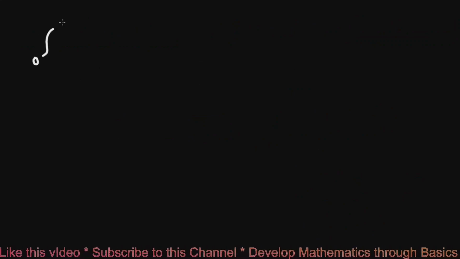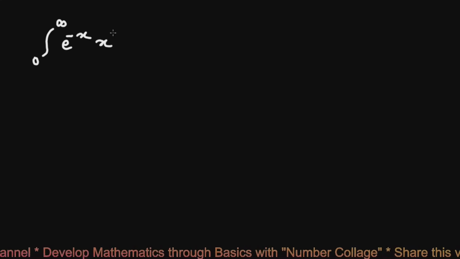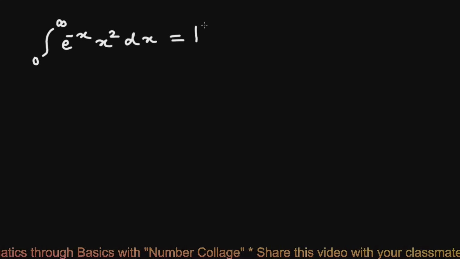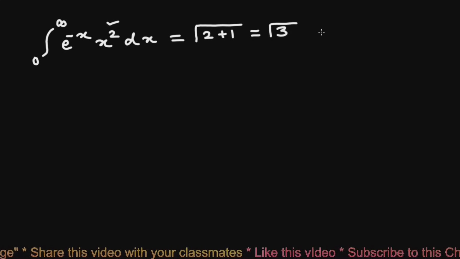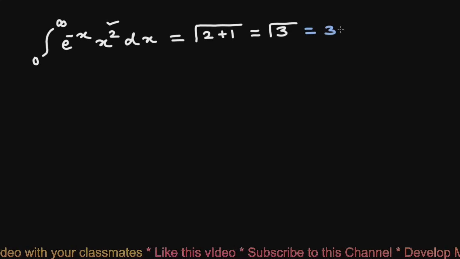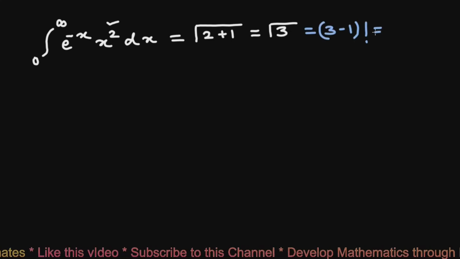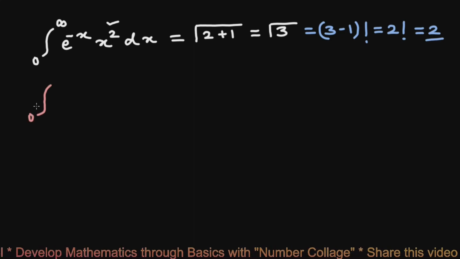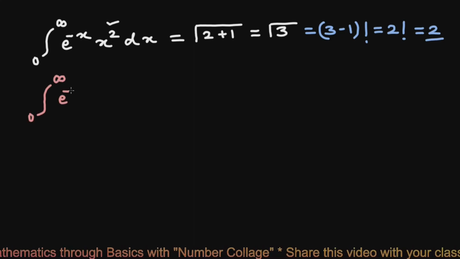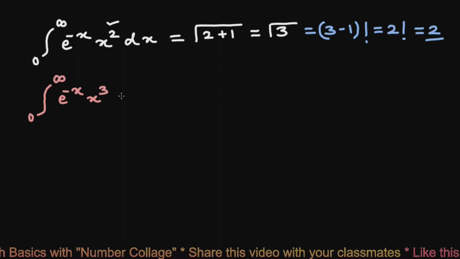What will be integral from 0 to infinity of e raised to minus x square dx? According to property, this will be gamma of this 2 plus 1, gamma 3, but gamma 3 is 3 minus 1 factorial, 2 factorial, which is 2. What will be integral from 0 to infinity of e raised to minus x cube dx?